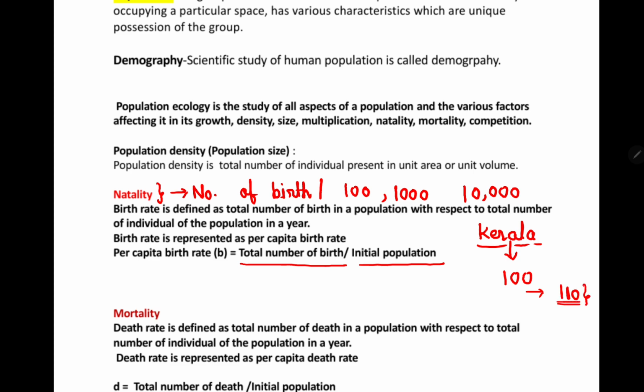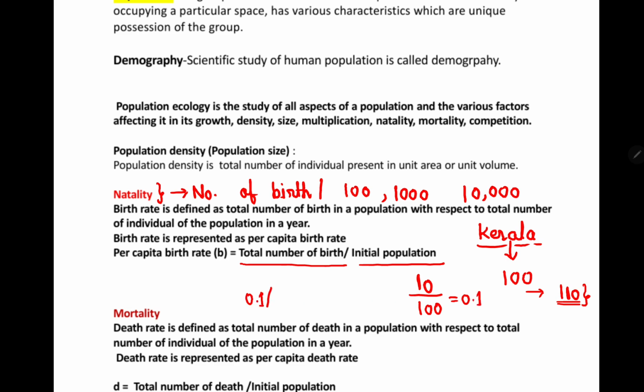The village got a total of 10 new members. So what is the birth rate, or natality, here? The total number of births is 10, and the initial population of that village was 100. So natality is 0.1.